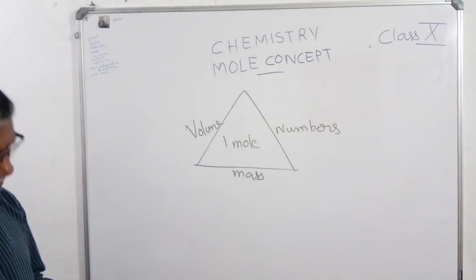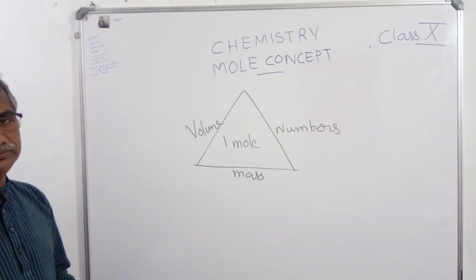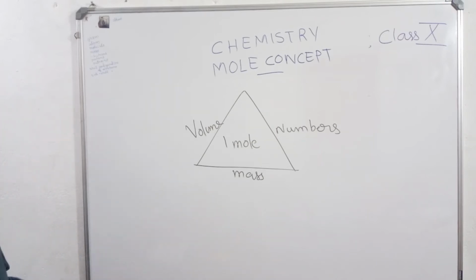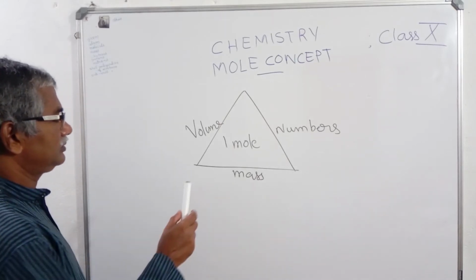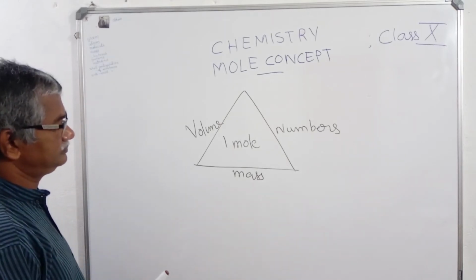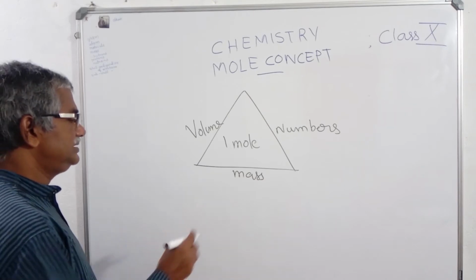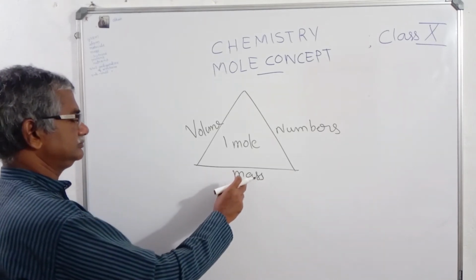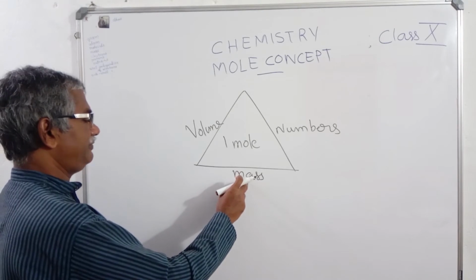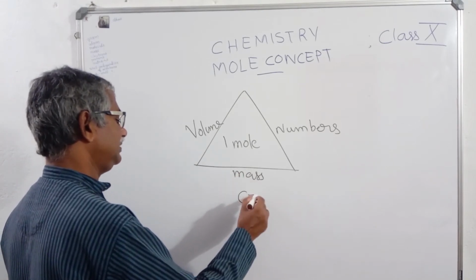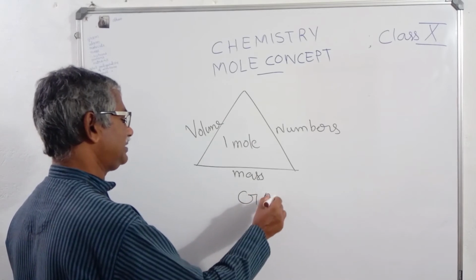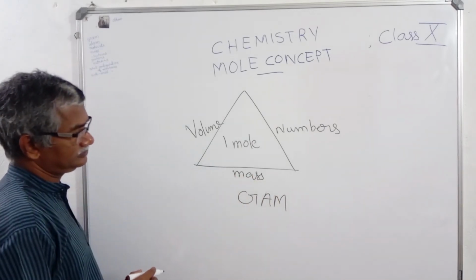So what do you mean by mole? That we are going to explain. 1 mole of an atom, it is GAM. Mass of an atom in gram. Gram atomic mass.